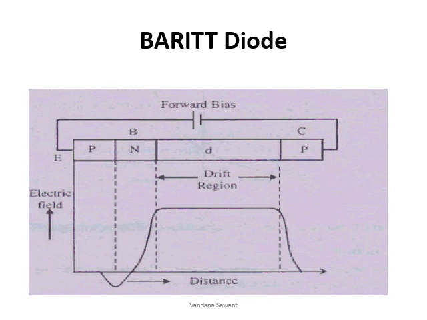If you see the structure of this diode, there is a P region, an N region, then the drift region in between the junctions, and then another P region. The current characteristics of this diode are also shown here.